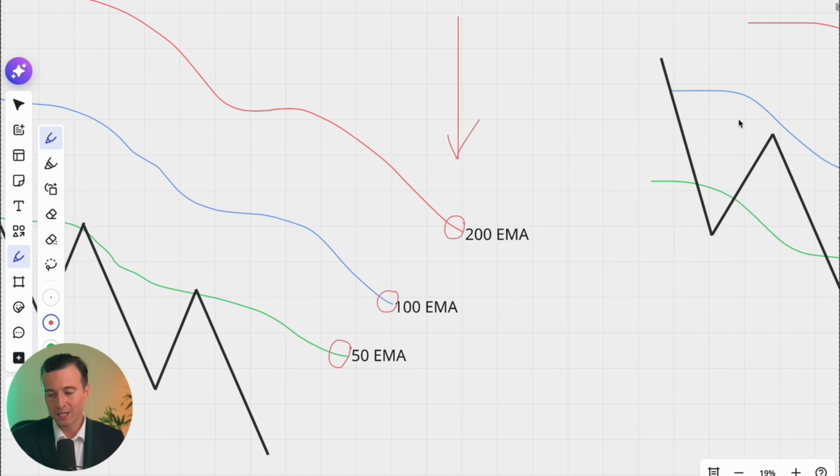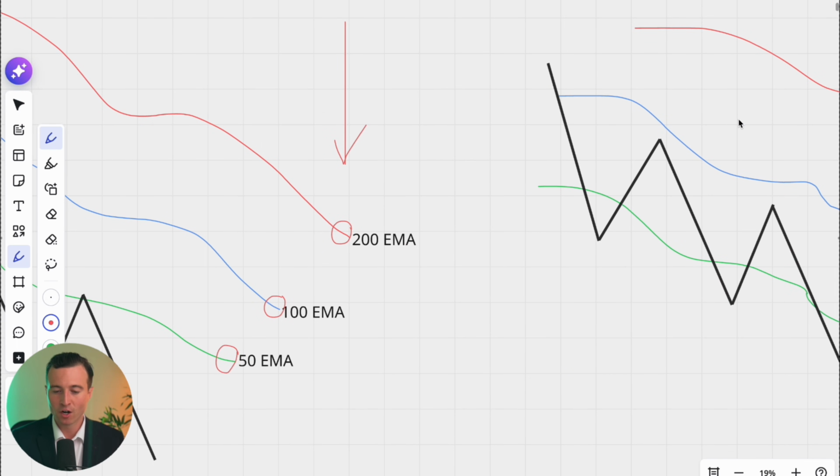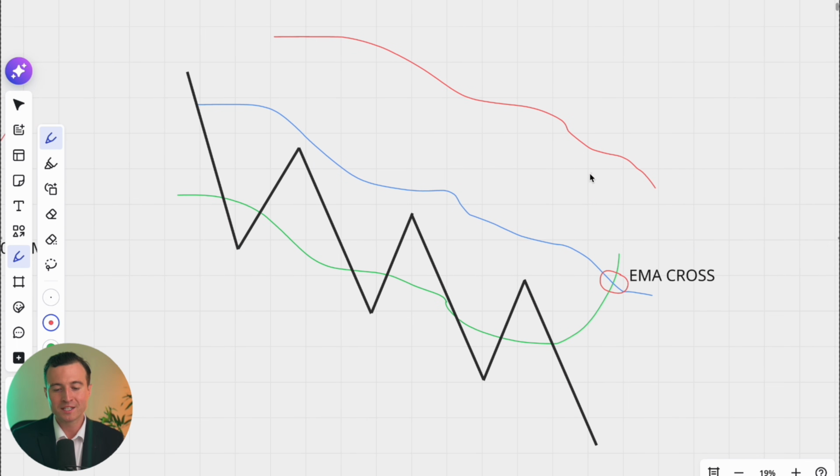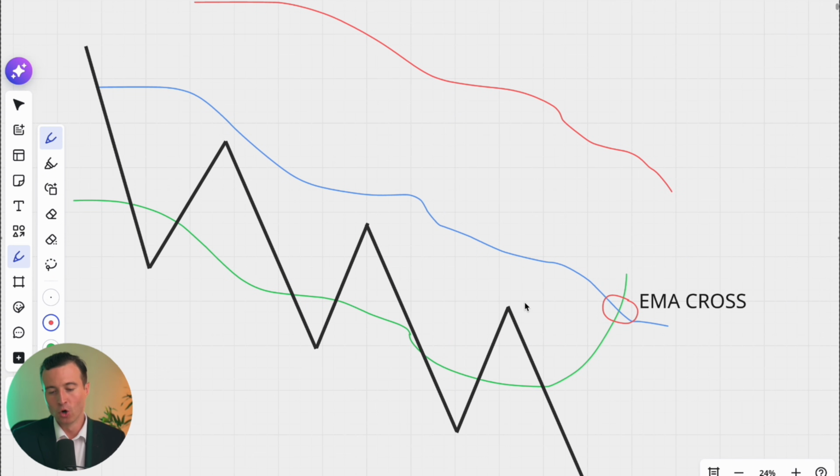But we also need to know when to be sitting on our hands and when to be waiting. And so this was originally a sell bias market because we had the 50, the 100, and the 200. However, the 50 exponential moving average crossed over the 100.